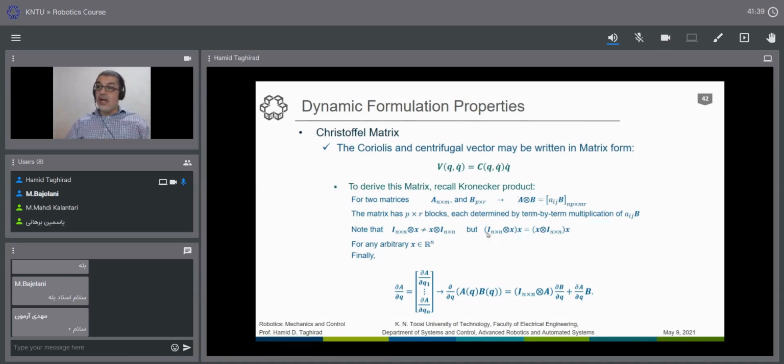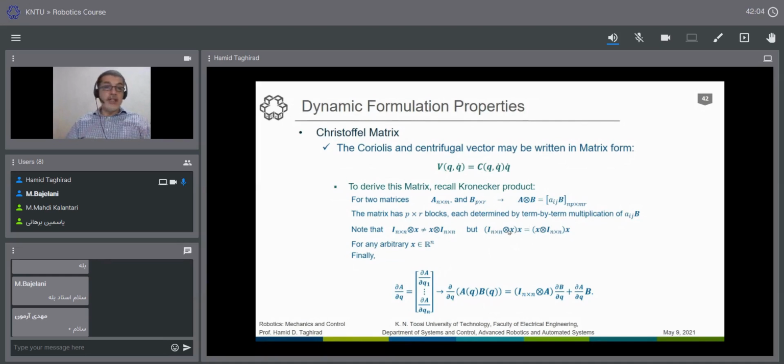But we can show that I cross X times X, this is a matrix and this is a vector, is equal to X cross I times X. And this will reduce the size of the manipulation very much. This is one of the properties we can use.